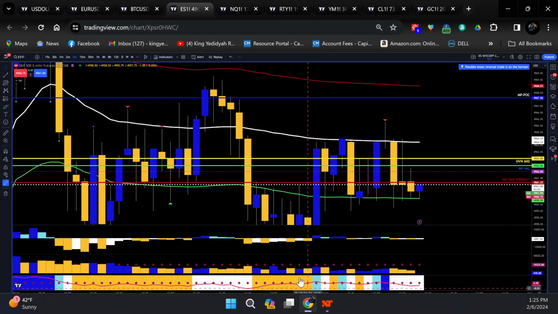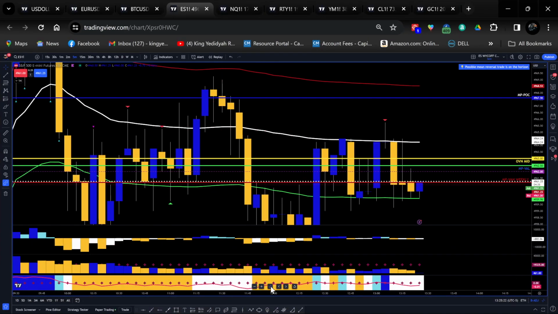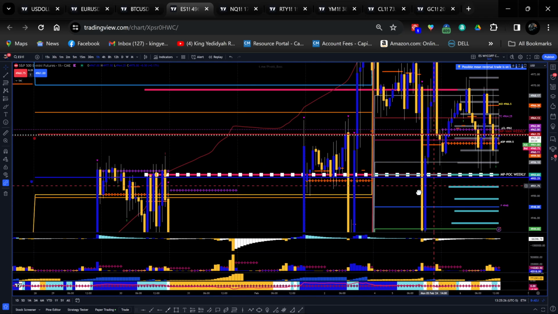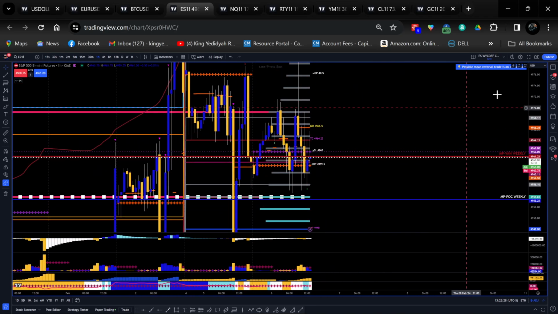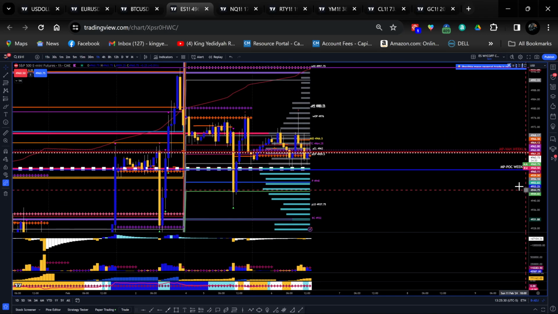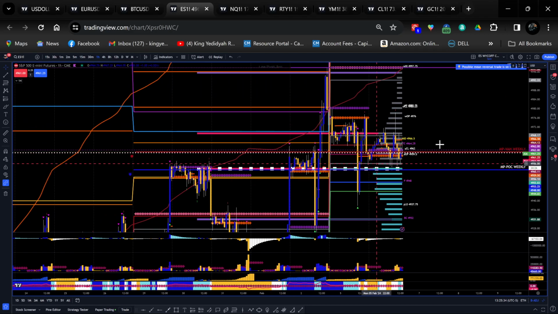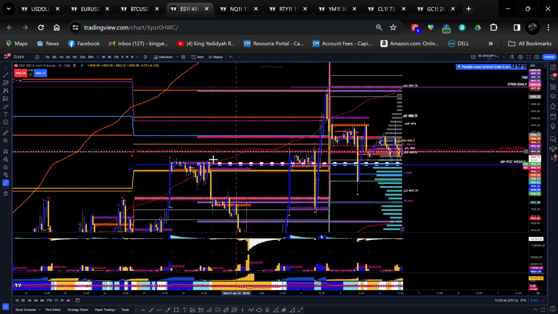Let me just go to the 1 hour chart where I have my weekly levels. Right, so that's the volume profile there. That's from, so that's kind of like a 6-day volume profile, running profile.